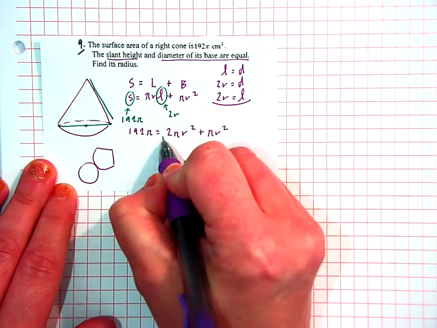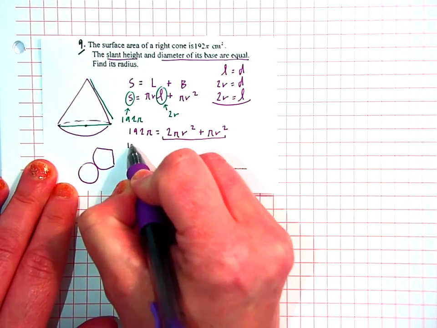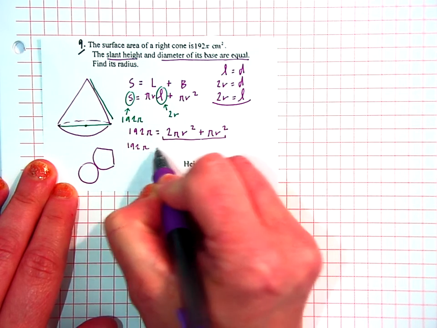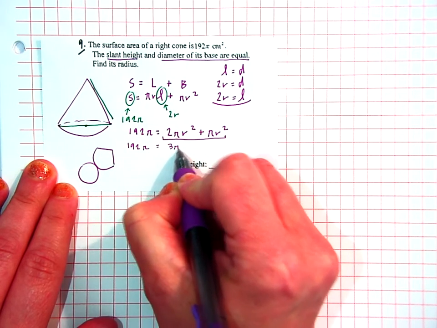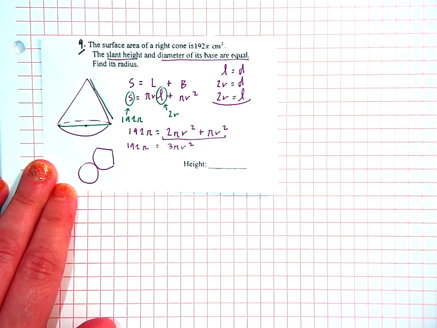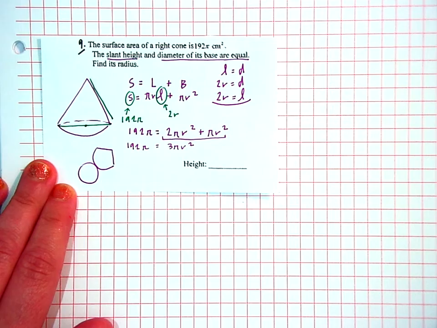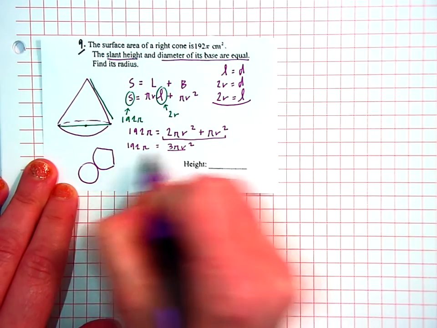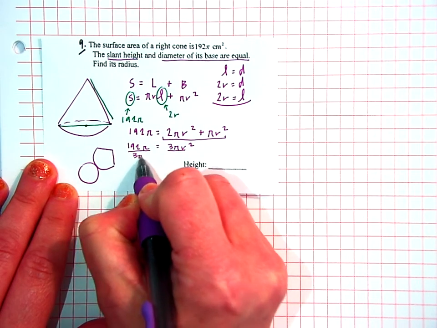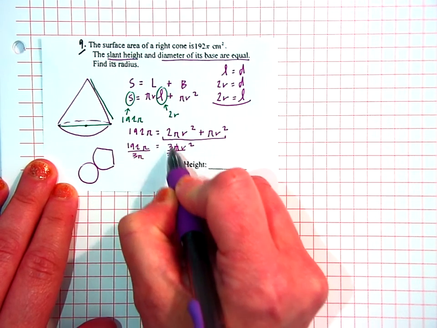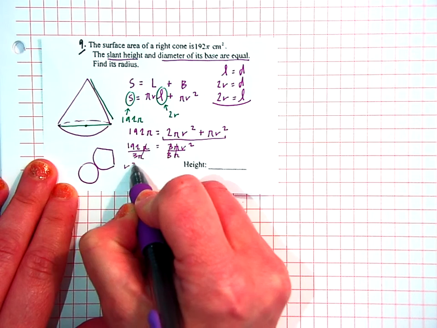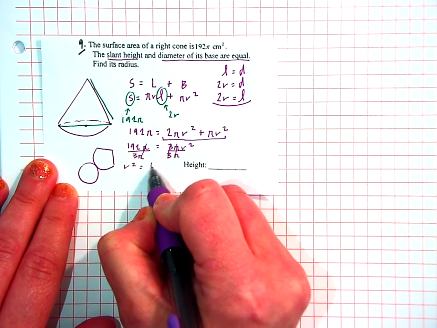So I can combine them, and I now have 192 pi equals 3 pi r squared. Okay, so now that I'm here, I want to divide away 3 pi. So my radius squared is equal to 64.